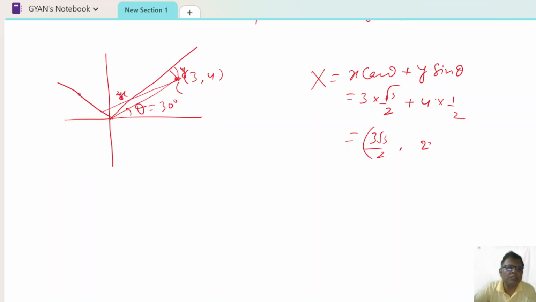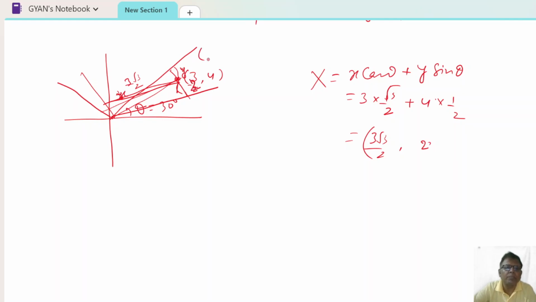So the coordinate system will be like this because it has to be positive. This is the perpendicular distance, the x coordinate, 3 root 3 by 2, and this is 2.